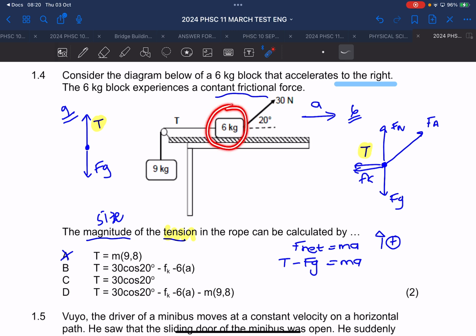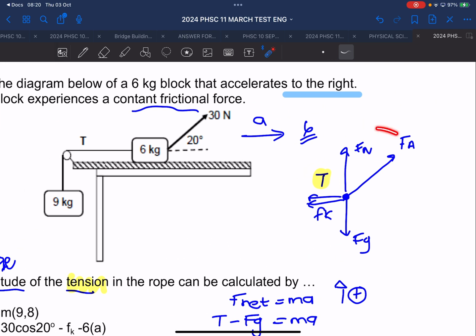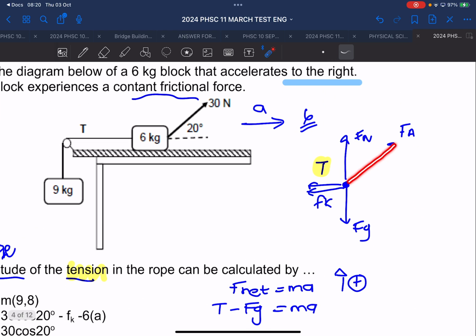The 6 kilogram block. So basically with these options, they tell you, please look at the 6 kilogram block. We see there's one force at a weird angle. We do not like that, so we split it up into its perpendicular components.